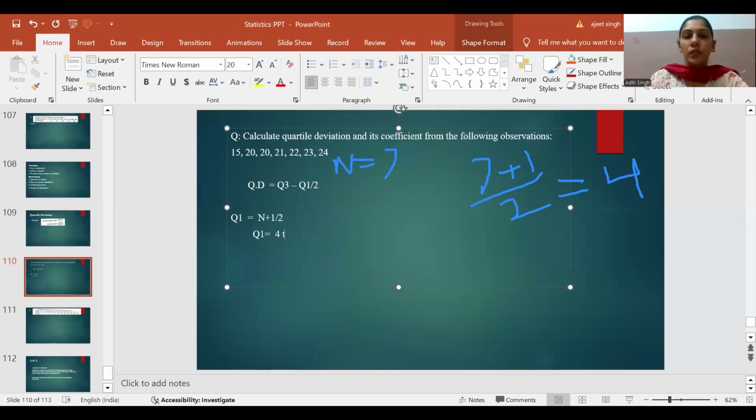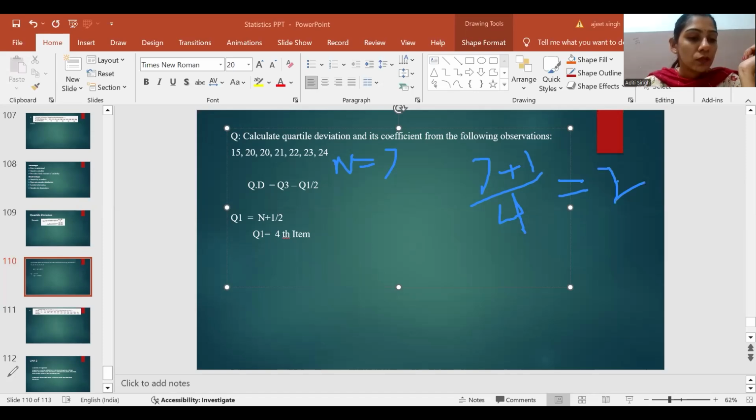Fourth item. What is the fourth item in this series? 1, 2, 3, 4. There is a change in this formula. Basically this is divided by 4. 7 plus 1 divided by 4 is equal to 2.